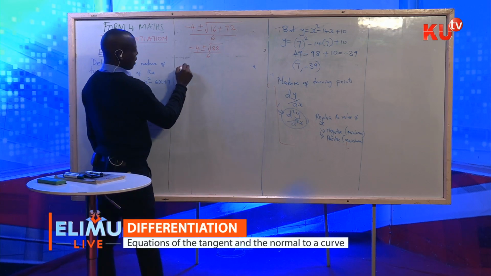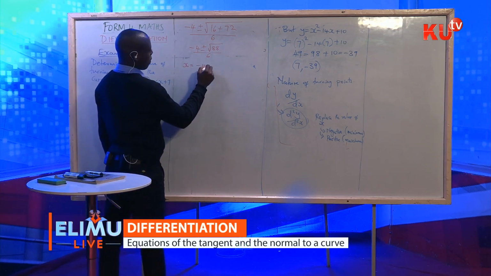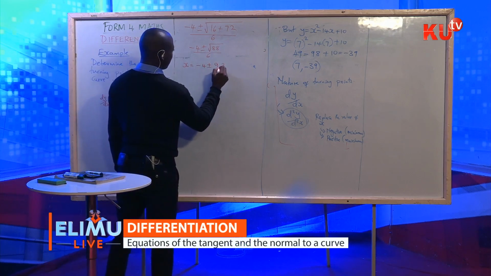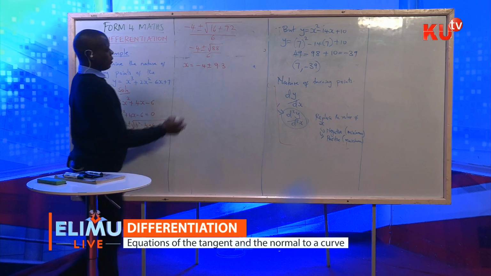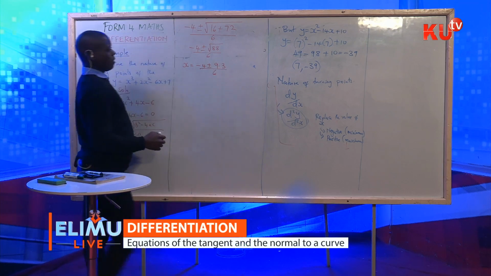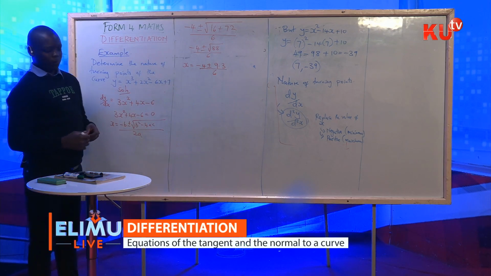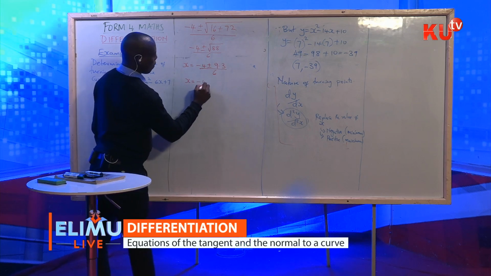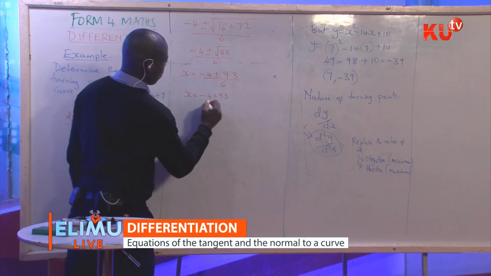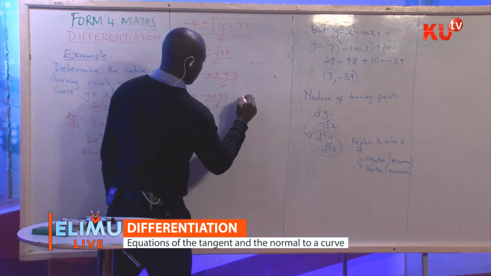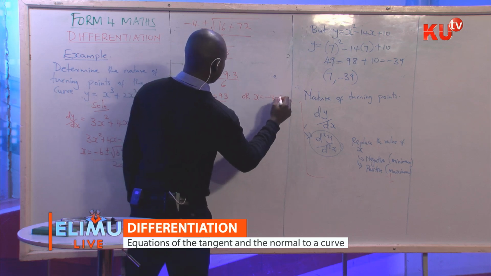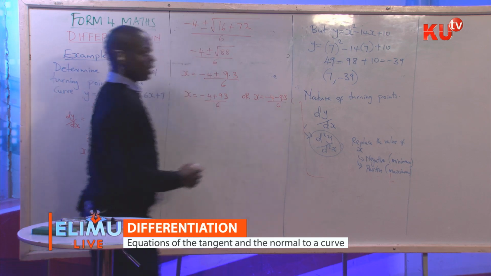If you work out the value of x, the square root of 88 is 9.3, and we divide by 6. So we'll have x equal to negative 4 plus 9.3 over 6, or x equals negative 4 minus 9.3 over 6.